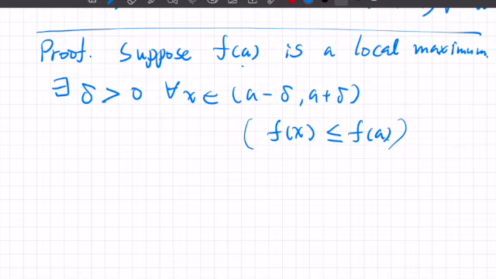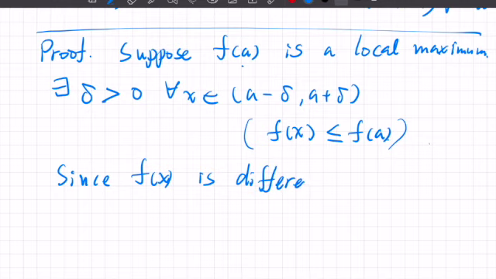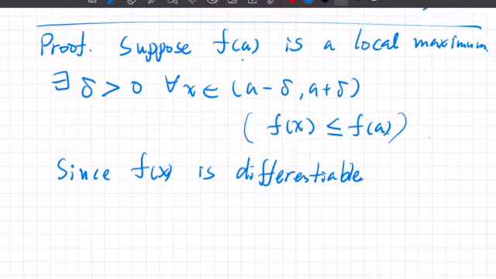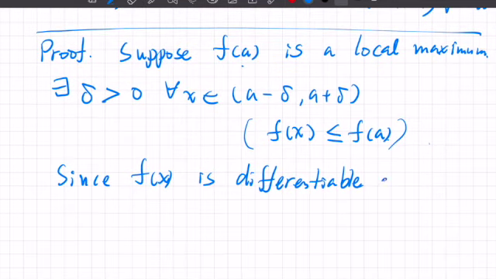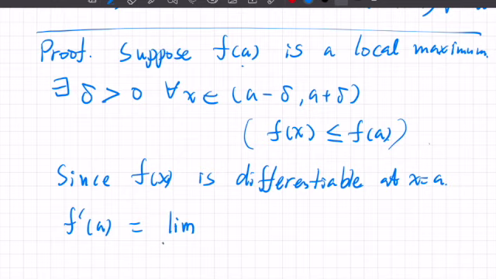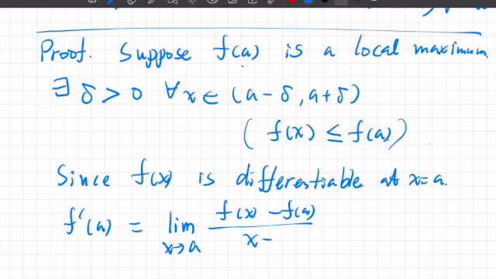So this is the given condition, and since f is differentiable, that means differentiable at, of course, at a, then the derivative at a is the limit as x approaches a of f of x minus f of a over x minus a.